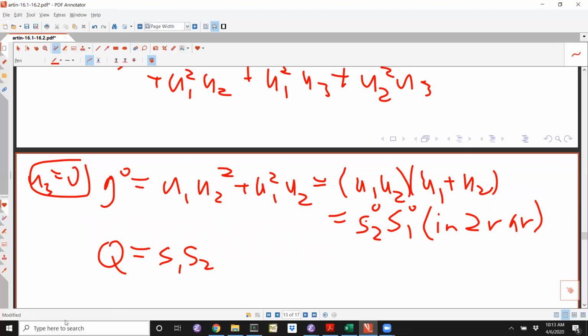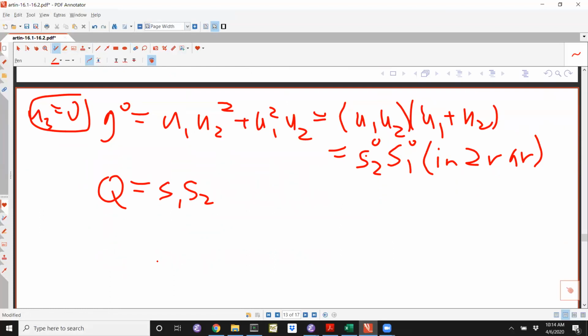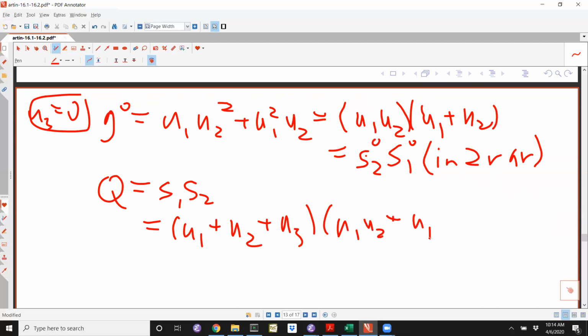Which means that when we translate that now into 3 variables, we get U1 plus U2 plus U3 times S2, which is that other thing, U1 U2 plus U1 U3, and 4 more terms.